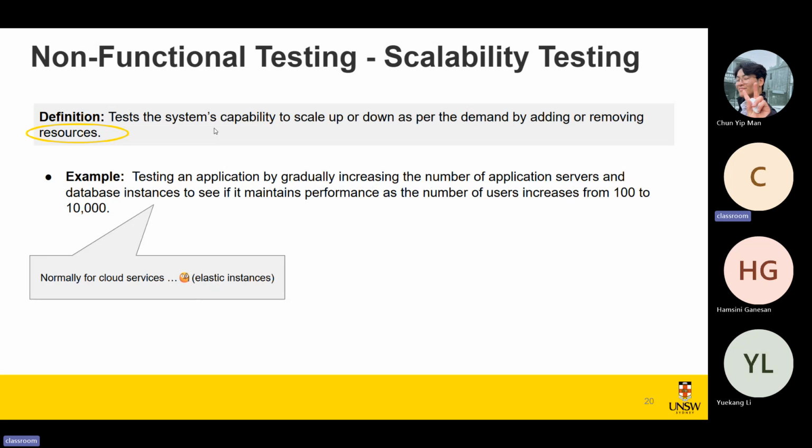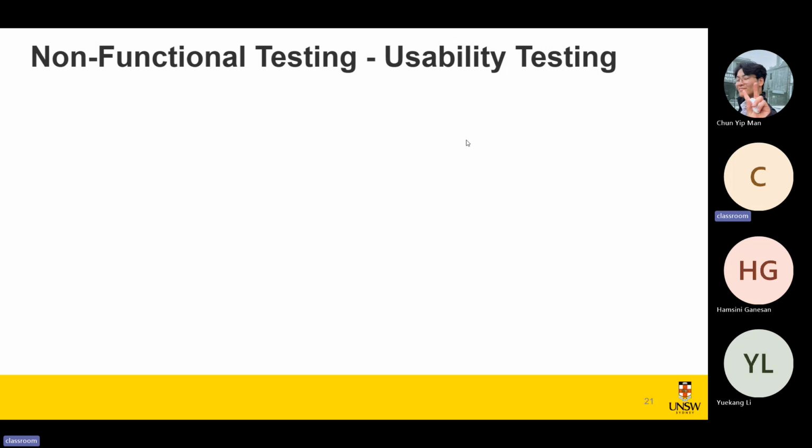So we can try to increase the number of resources required, scale up and scale down the resources we have, to see how the system performs. So this is about scalability testing. It's all about adding or removing resources in our system.